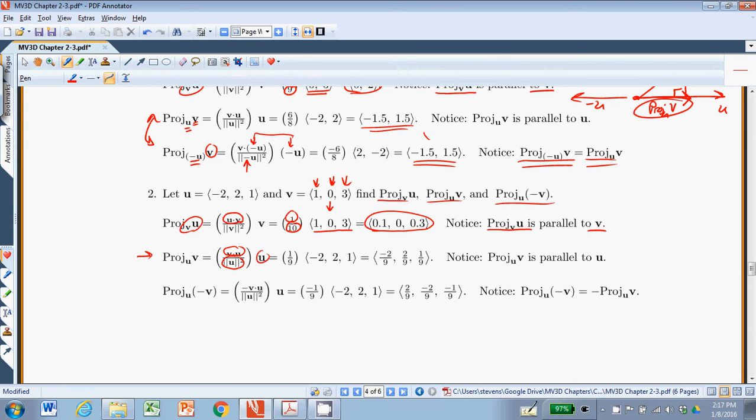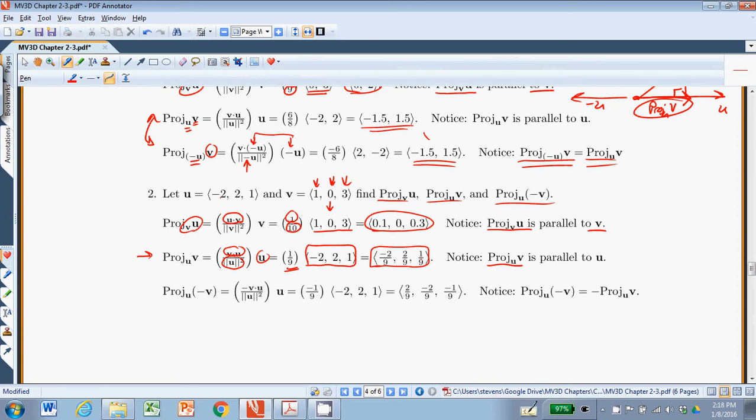So it does change, and I get this vector here. And notice in this case, I have negative 2/9, 2/9, 1/9. If you compare that to u, negative 2, 2, 1, it is actually parallel. You can see it's got to be parallel to u because it's actually just a scalar times u.